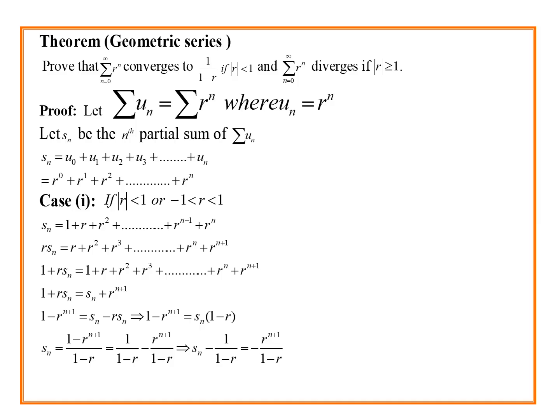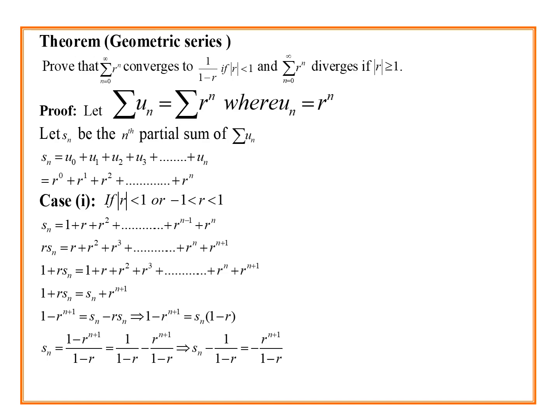So now Sn is equal to 1 plus r plus r square plus so on r power of n minus 1 plus r power of n. Multiplying both sides by r, we get r into Sn is equal to r plus r square plus r cube plus so on r power of n plus r power of n plus 1.